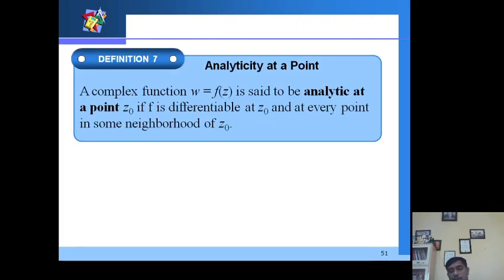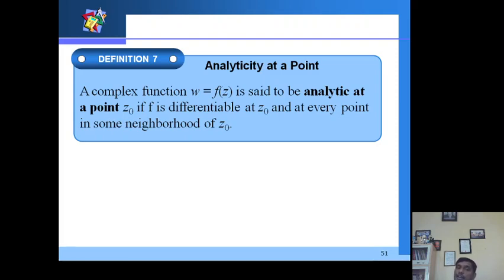Now we come to an important concept we will discuss in complex analysis, and one of them is the analytic function. First we discussed the limit, then continuity, then differentiability. The more appropriate notion is analyticity.